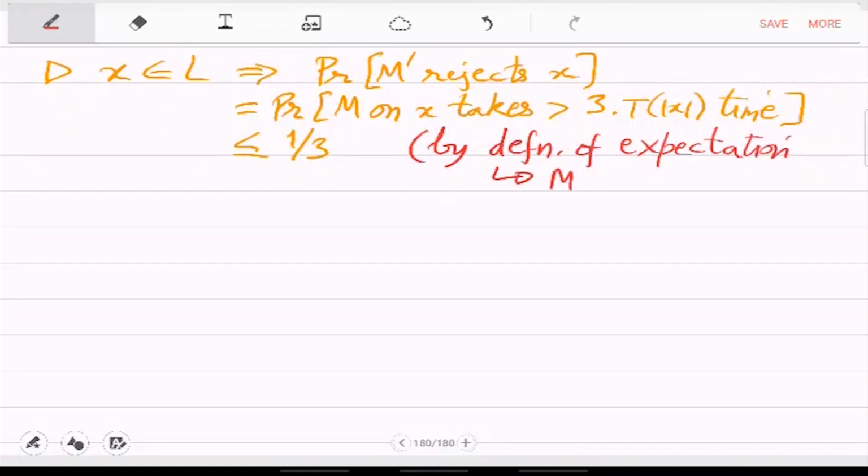It is also called the Markov inequality. Okay, so by Markov inequality you get probability less than or equal to 1/3, which means that we have shown on yes there is some error, on no there is no error, so L is in RP.